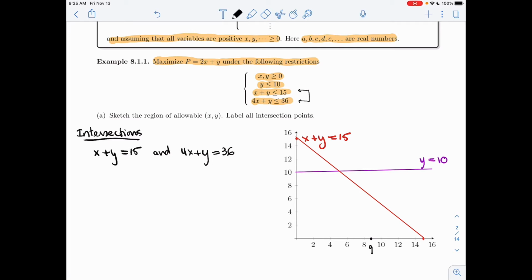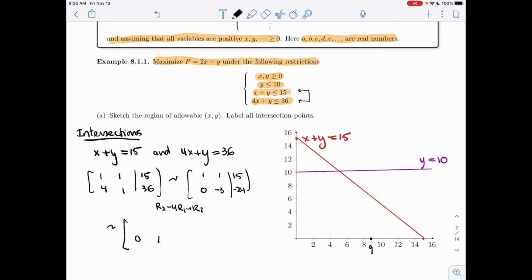We've seen how to solve these using a matrix, so we can do that. I could do row 2 minus 4 row 1 into row 2: 0, 1 minus 4, that's minus 3, 36 minus 60, that's minus 24, and so I'm getting that y is 8.